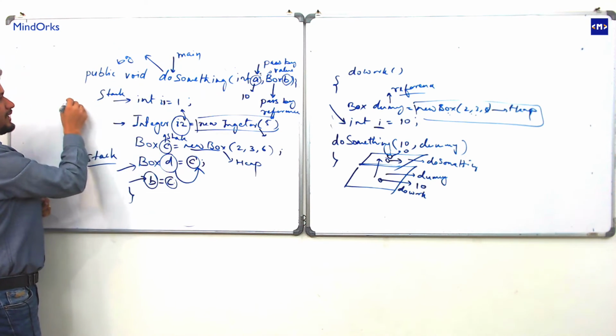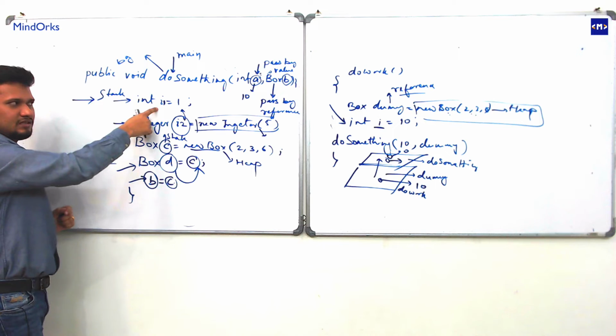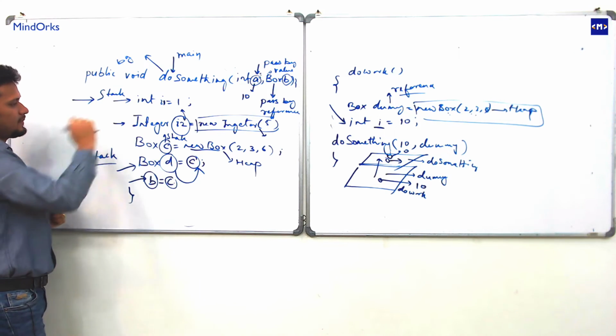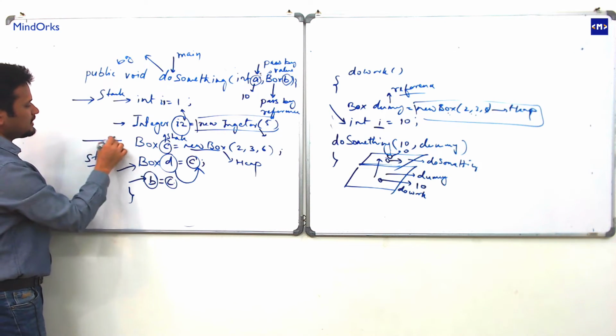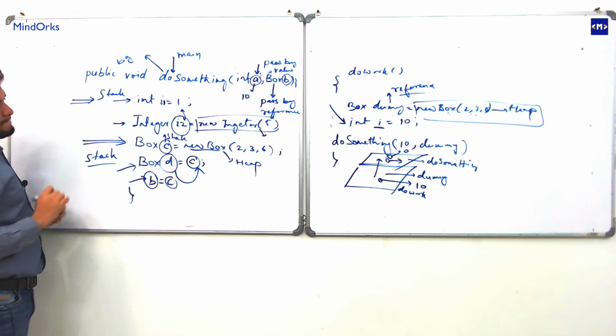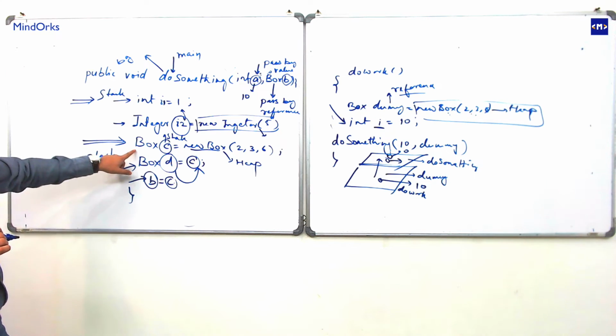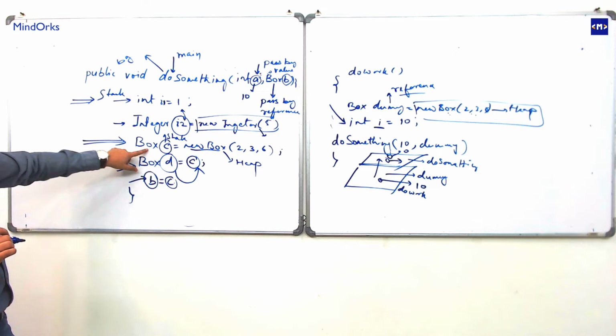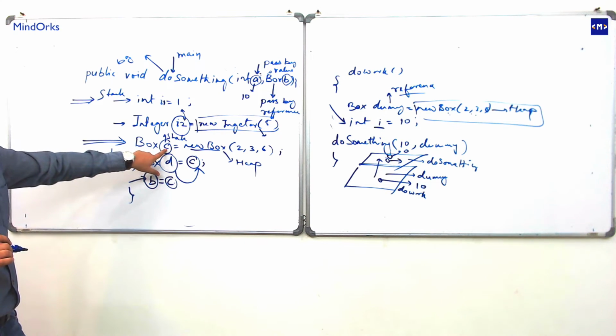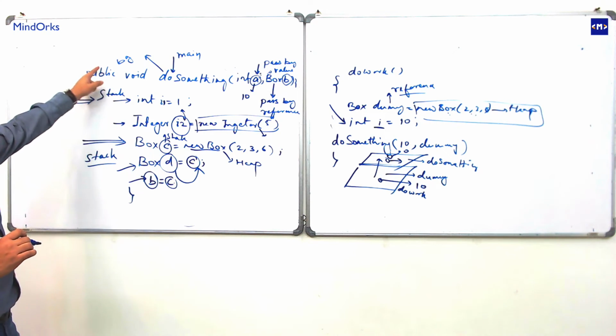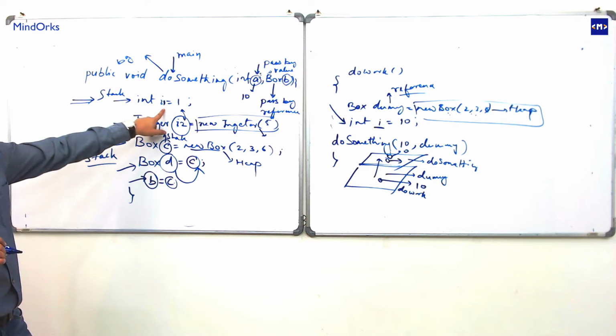Suppose your main thread has come till here, and your background thread has come till here. So the background thread has reached box C, and your main thread is at Integer i1.